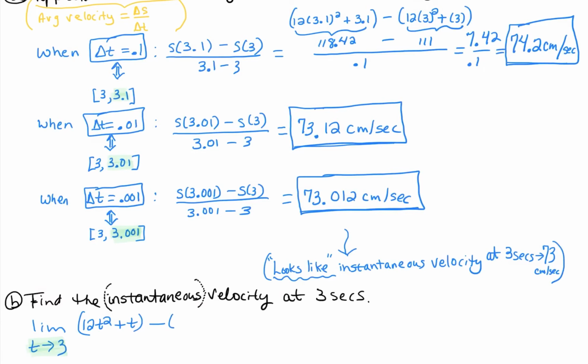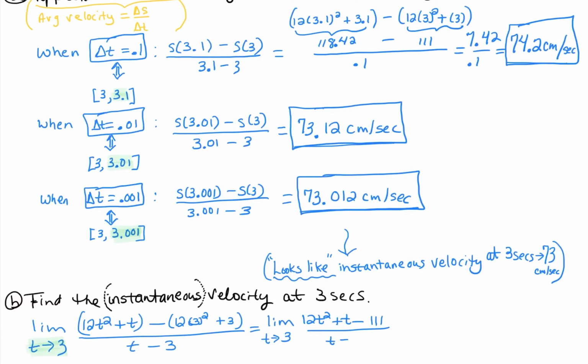I'll go ahead and write it out though, so if you're looking back in your notes, you'll see where it came from. This was subbing in the 3, so that's our 111, all divided by t minus 3. So we have the limit as t goes to 3 of 12t squared plus t minus 111, over t minus 3.